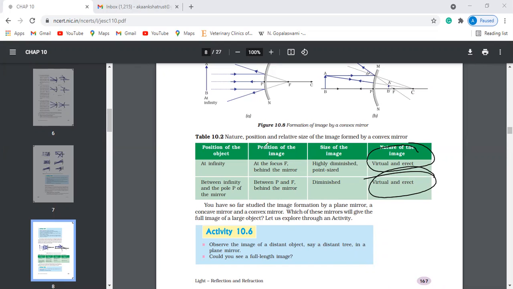So they have clearly said that when you incident light on the convex mirror, it always forms a virtual and erect image. Understood? Erect in the sense upward in the positive direction. So this is about the convex mirror. Okay, fine.